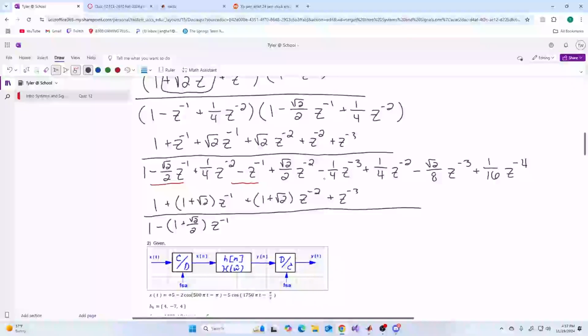Then I'm going to do blue for negative 2, negative 2, negative 2. Wait, for this, I need to change this one here into under 4. So what I'm going to do is I'm going to do 2/4. I hope that makes sense.